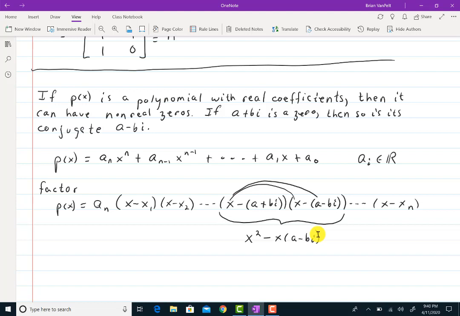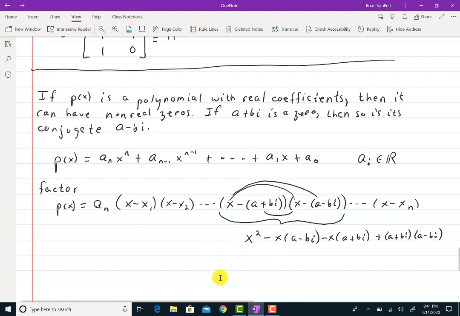And then I'm going to have minus x times a plus bi. And then I'm finally going to have plus a plus bi times a minus bi. So notice at the very end I have the number and its conjugate. When you multiply a number times its conjugate, you always end up with a real number. It's a very simple formula, actually.